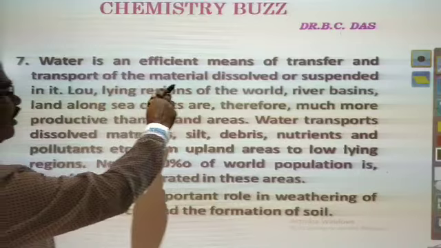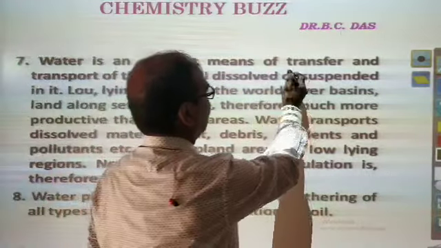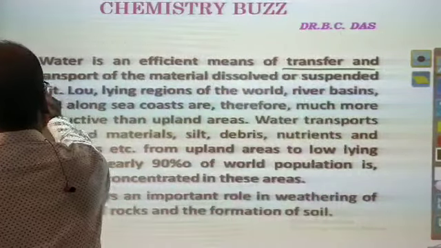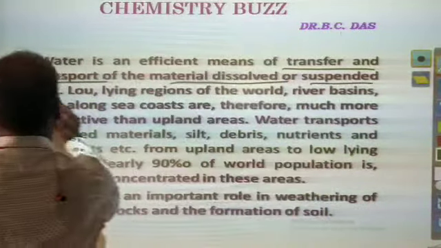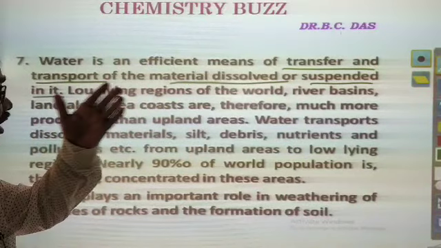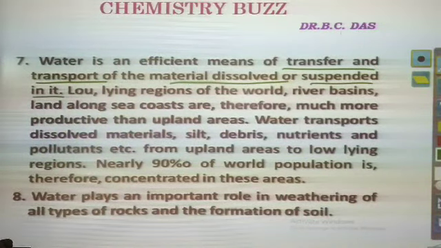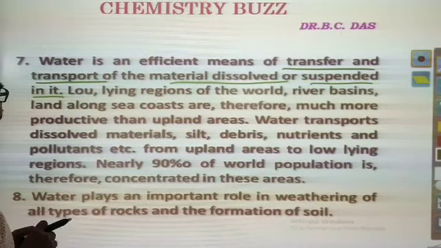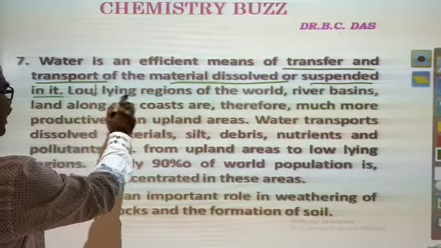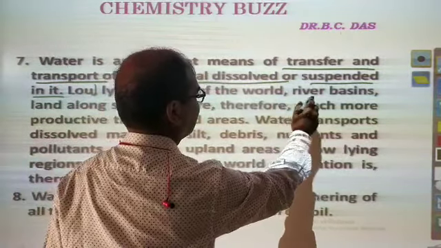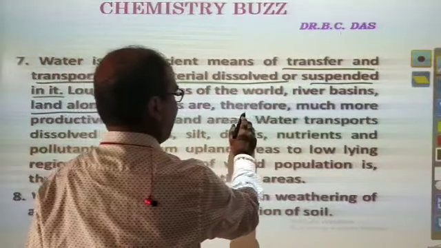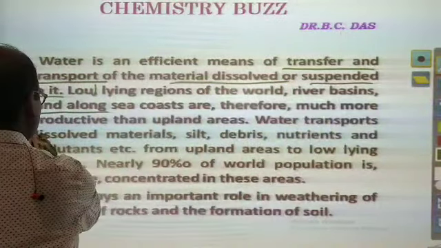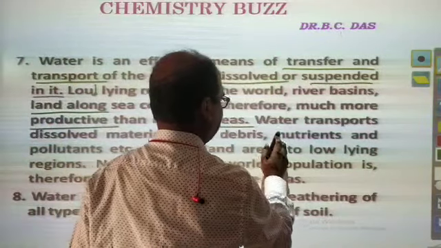Again, water is an efficient means of transfer and transport of materials dissolved or suspended in it. So the low-lying regions of the world, river basins, and land along sea coasts are much more productive than upland areas.